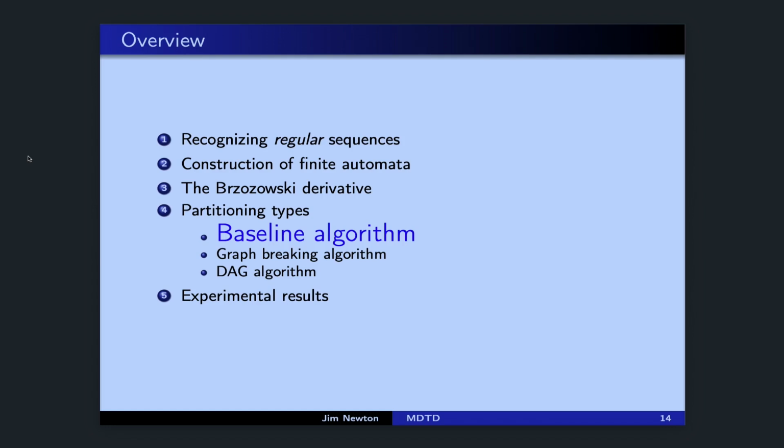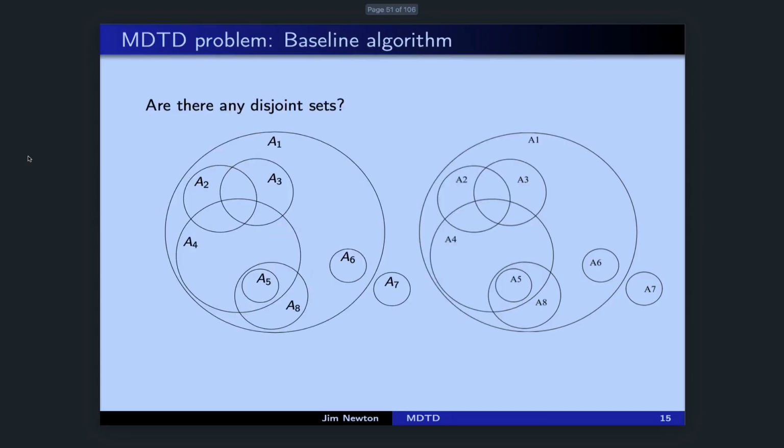So given that that's the goal, how do we construct an algorithm that takes a set of input types and produces this type of partitioning? Well, the first algorithm, which I came up with several years ago, is a very straightforward algorithm I call the baseline algorithm. The way this works is we represent the types as a Venn diagram.